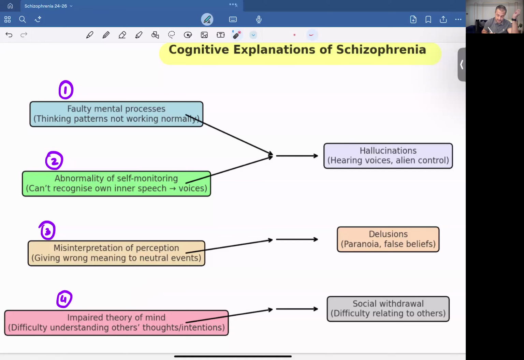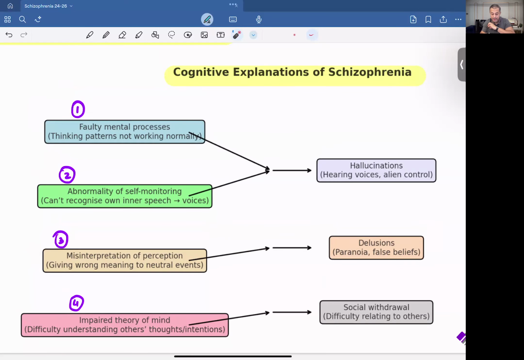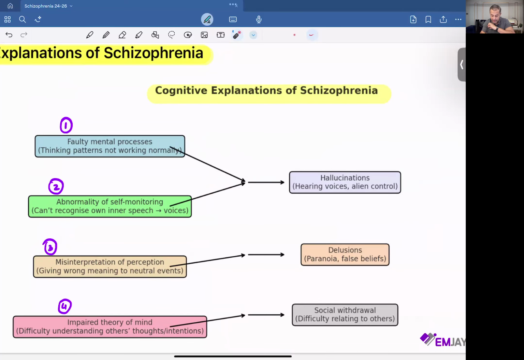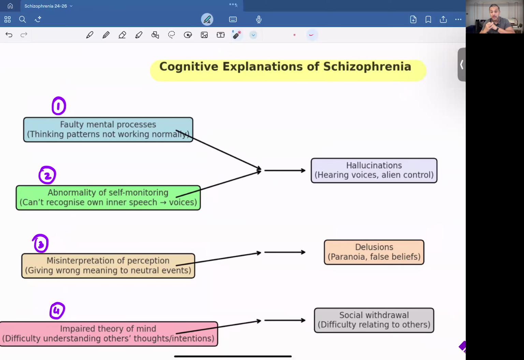As I talk about impaired theory of mind, individuals who have schizophrenia, according to the cognitive explanation, experience difficulty understanding others' thoughts and intentions. For instance, if you're not able to understand what the person in front of you feels about you, your perception about that individual might change.